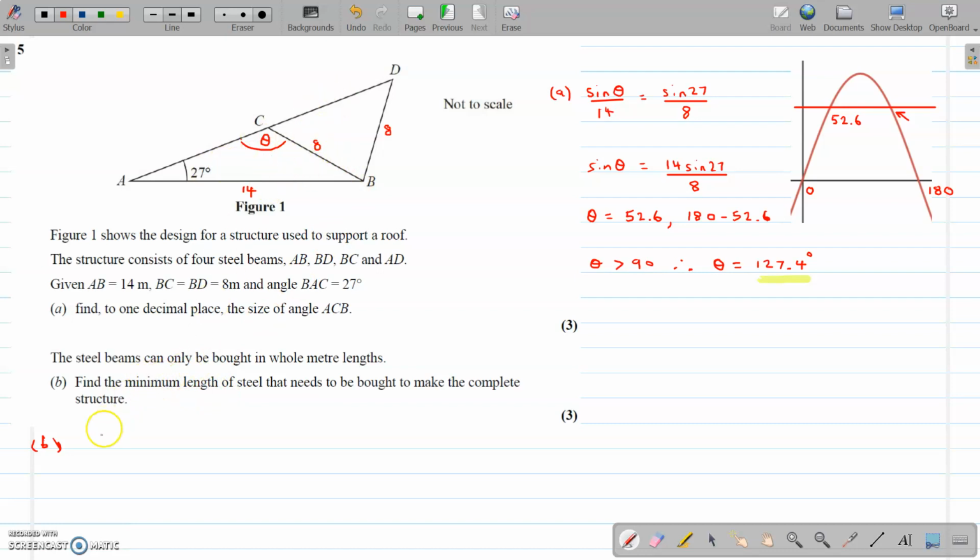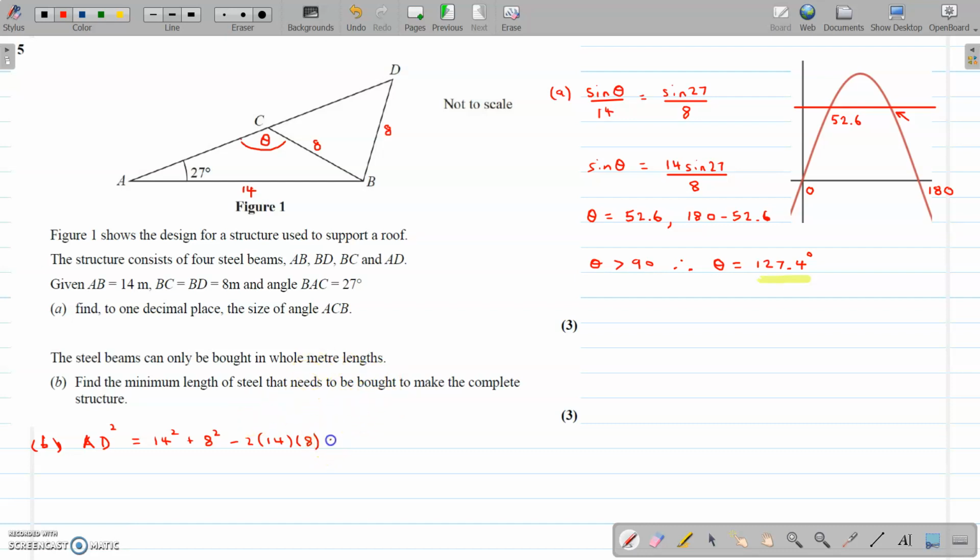Okay, so using the cosine rule, I've got that AD squared is equal to 14 squared plus 8 squared, minus 2 times 14 times 8 times the cosine of the angle between them.